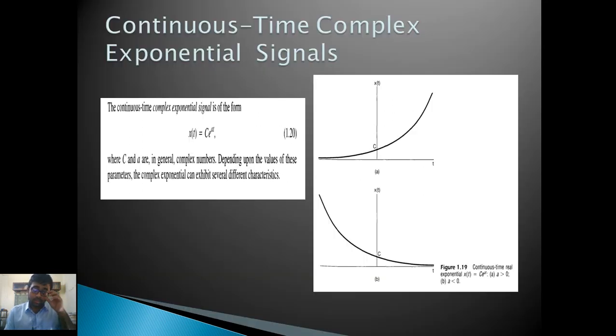In this slide, what I have described is the continuous time complex exponential signal. A complex exponential signal is nothing but an exponential signal, where the signal is described by this function: x of t is equal to c e to the power alpha t, or at. This a could be anything.